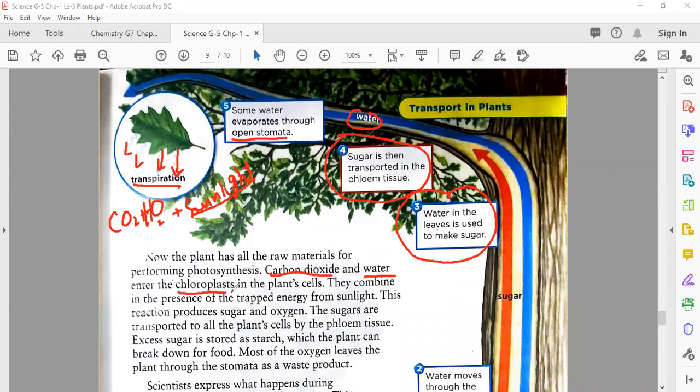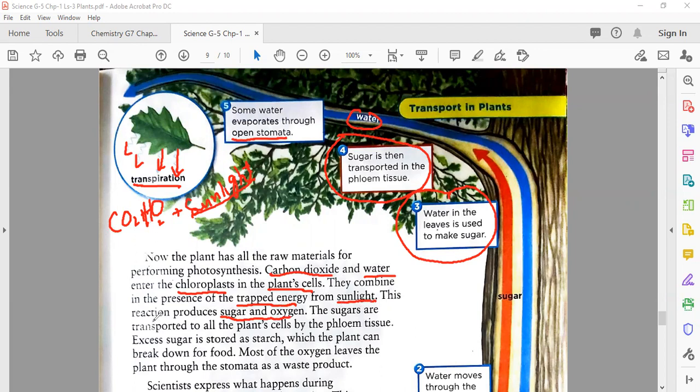Where do they enter? In the chloroplast. In the plant cells, they combine using the trapped energy that comes from the sunlight. This reaction produces sugar and oxygen, you know, glucose and oxygen.